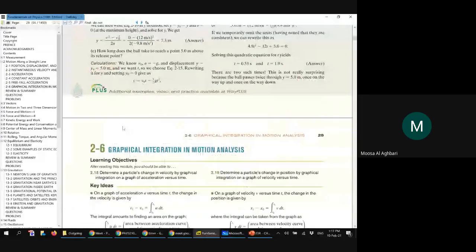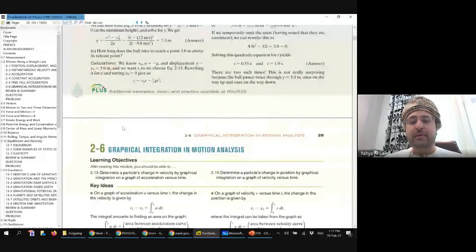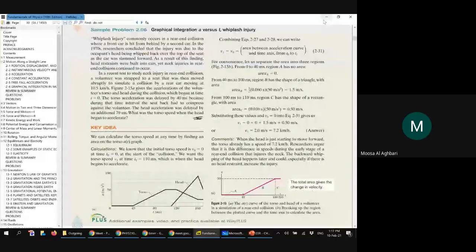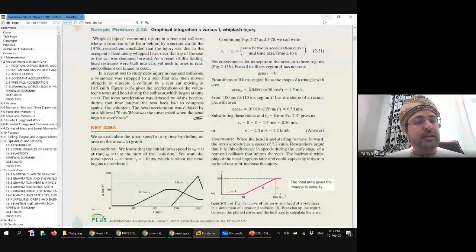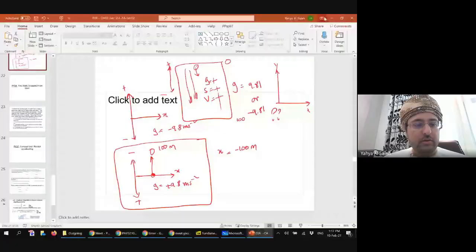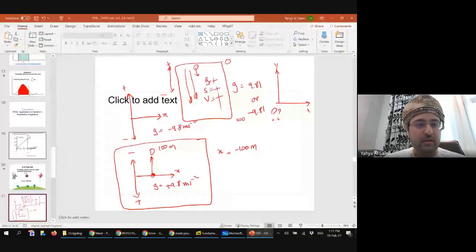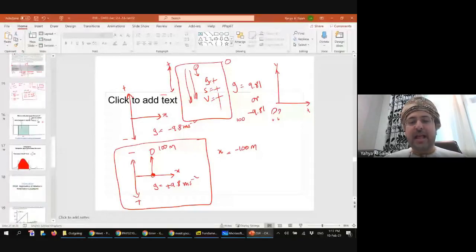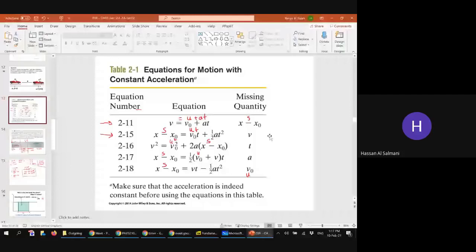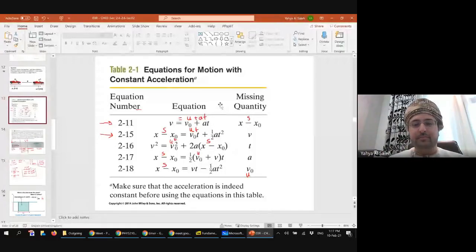We use the exact same equations, no change whatsoever. But there is only one change: instead of A, A turns into G, 9.8, and nothing else. Because it's free fall, so your acceleration is actually G, not A. That's it. The rest is all the same.